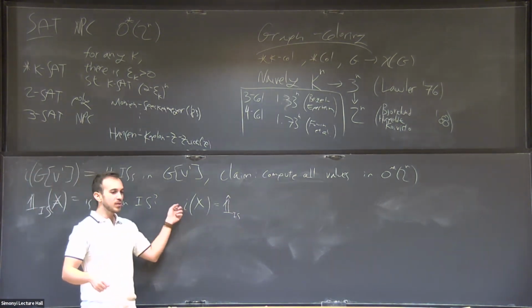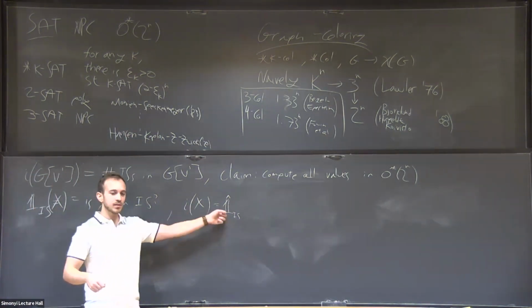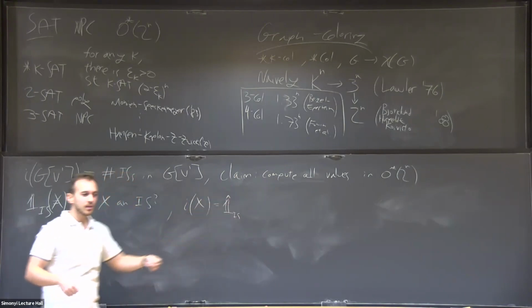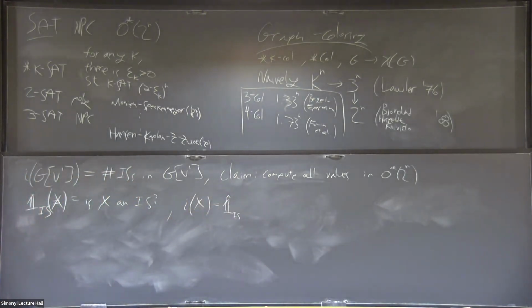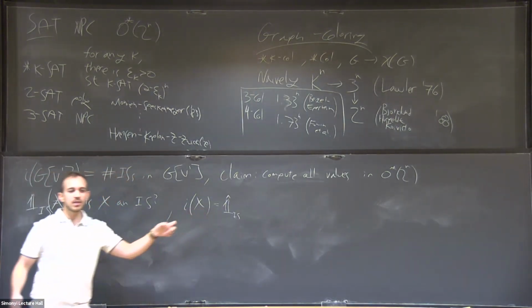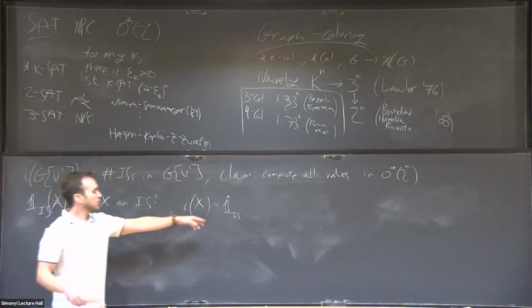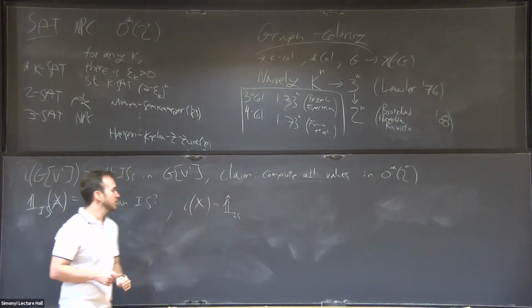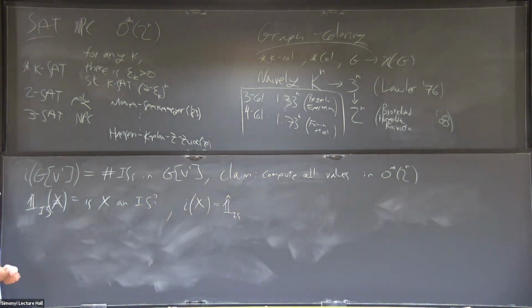And then the number of independent sets in an induced subgraph is just the zeta transform of this thing. Actually this quantity can be computed even using a simpler dynamic program, but we use this transform for more things afterwards. So let's do it in a more unified way.